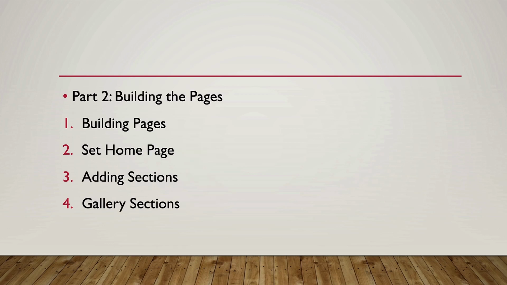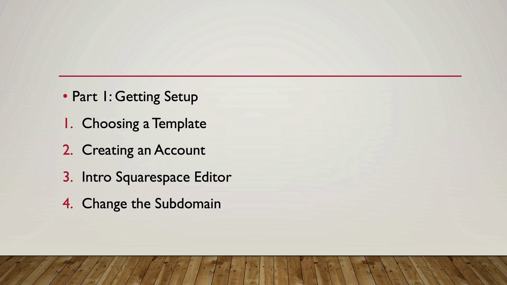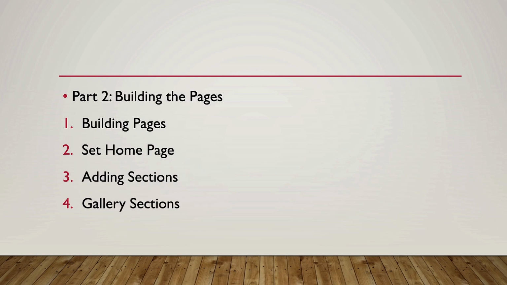Moving on, the second part after the setup is building the pages. In this part 2, the first thing you need to do is start building pages. A website consists of a lot of pages. It's not just one page. There are many pages compiled together. You see the main page or the home page, then you scroll around different pages.